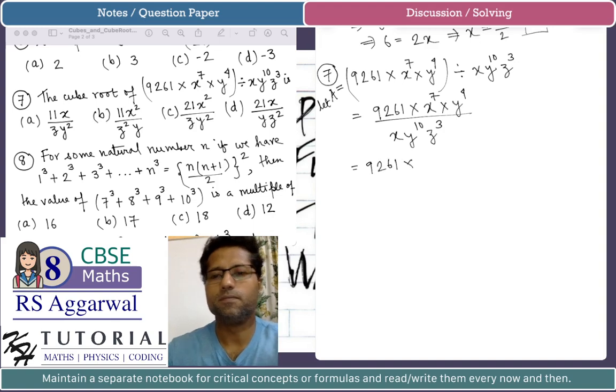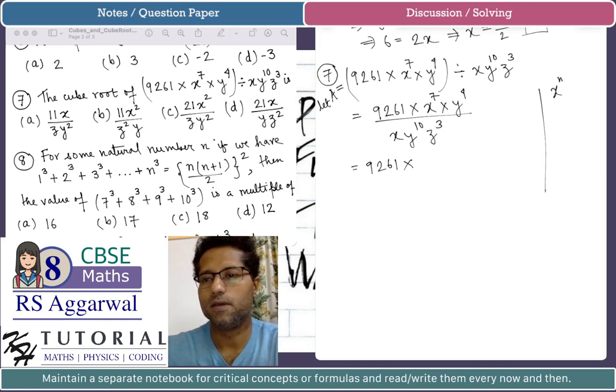9261 multiplied by, if we combine the powers of x, using this law, that x to the power m divided by x to the power n is equal to x to the power m minus n.